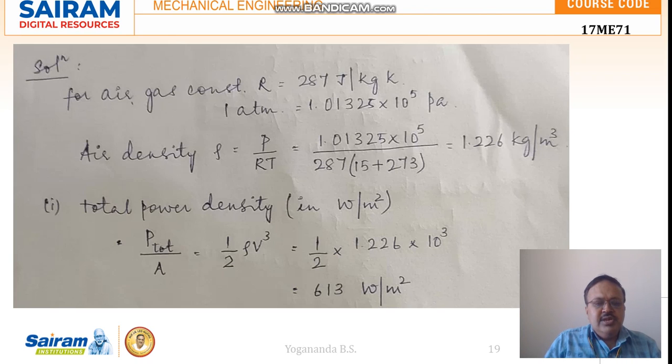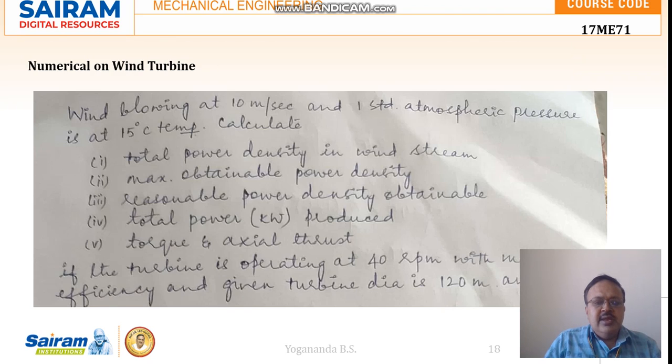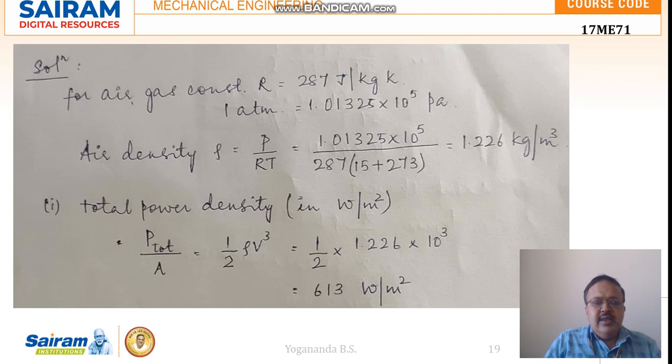From the gas equation, I can write the air density rho as P by RT. P is the atmospheric pressure, 1.01 into 10 to the power of 5, divided by R, 287 joules per kg Kelvin, and the temperature is given as 15 degrees centigrade, converted to Kelvin by adding 273 to 15. So we get the air density rho as 1.226 kg per meter cube.